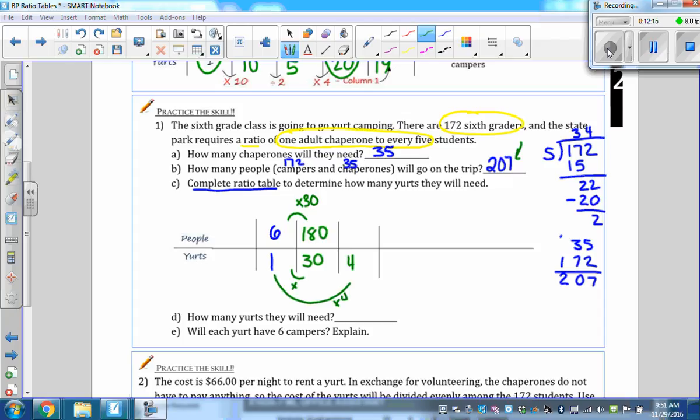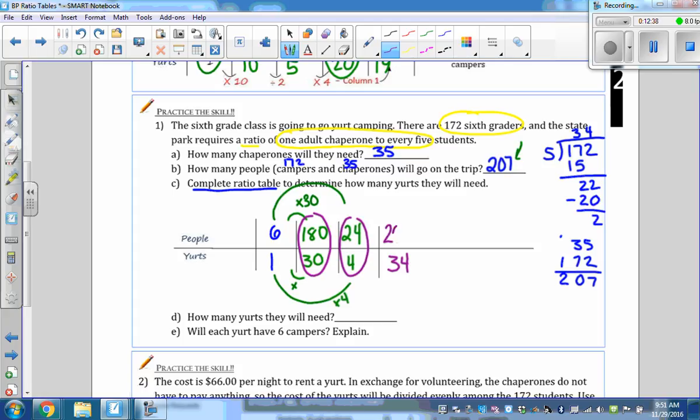If I do 4 more yurts, then I have an additional 24 people. So if I add this to this, that would tell me how many people could fit in 34 yurts. So 180 plus 24, that's 204 people. So I'm really close. 204 people will take up 34 yurts.